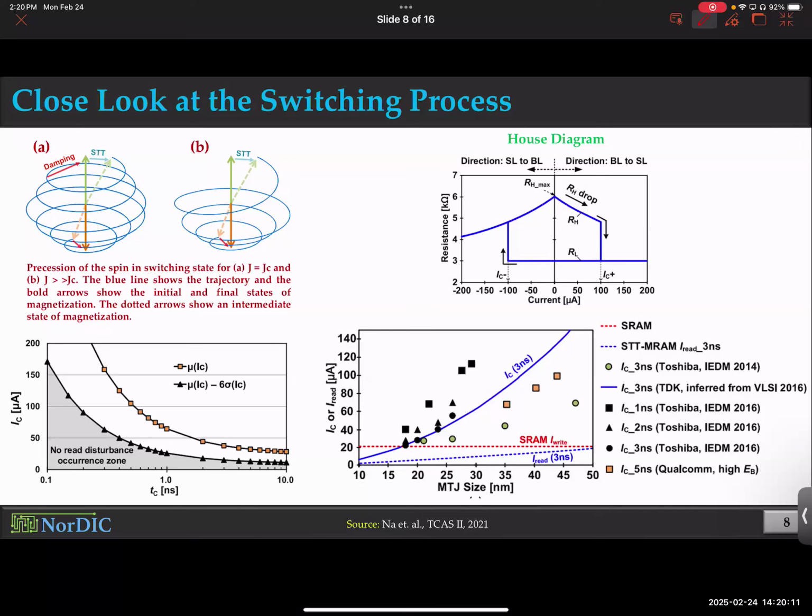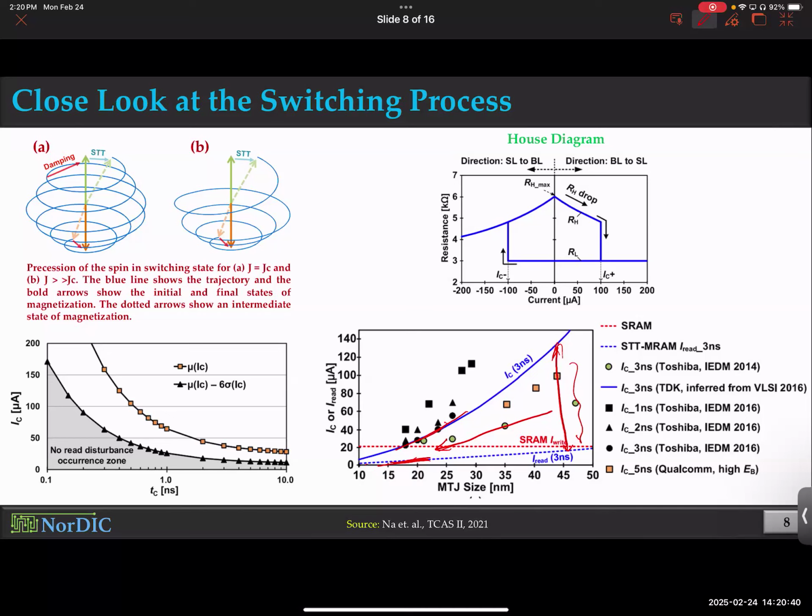Remember that? Our read current is still lower than the write current, but notice, is it not getting closer? I would be more comfortable operating here, where my read current is far, far less than the write critical current. So even when I read, it's probably going to be safe. But as you head close to this region, you are reducing the difference between the critical current and read current, and thereby making it more risky.